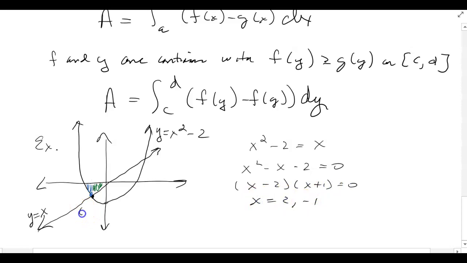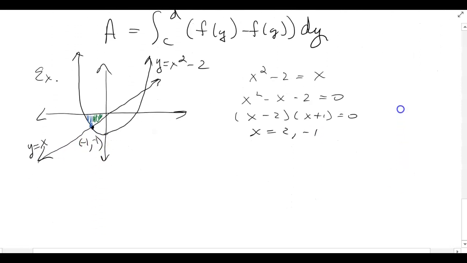So that is the point -1, comma, since x equals y, it's -1.